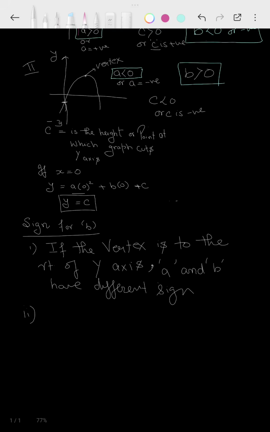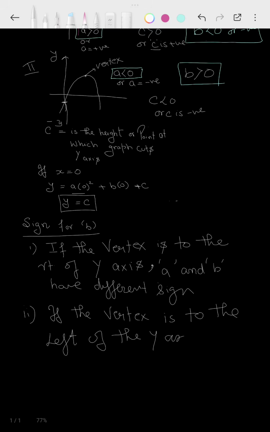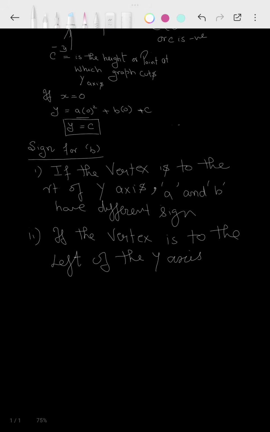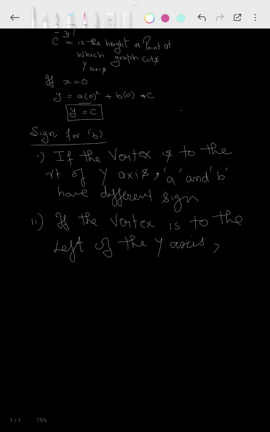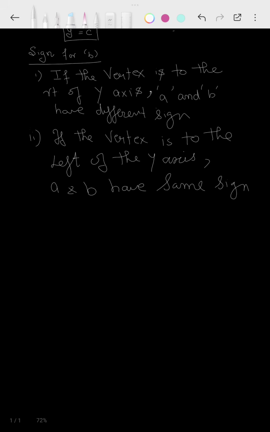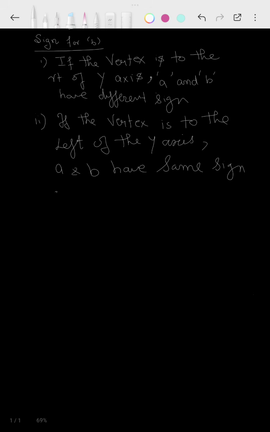Point number 2. If the vertex is to the left of the y-axis, then A and B have same sign. Let's understand this.